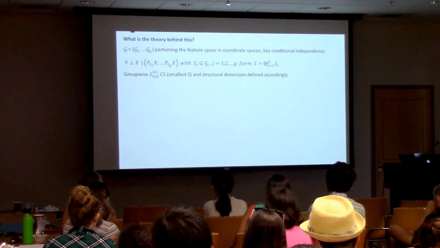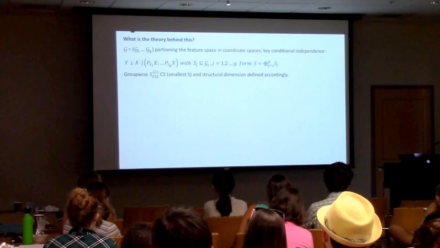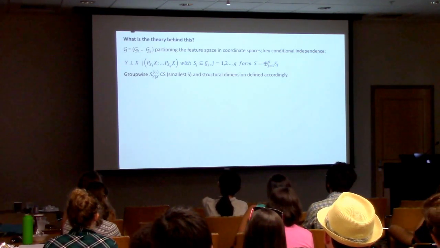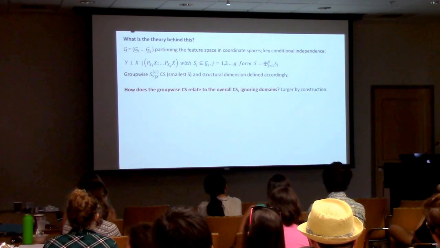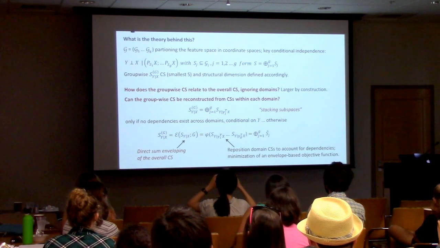So why do I show this? Here I was trying to give you the backbone of the theory behind putting groups in dimension reduction. Essentially you do a dimension reduction within each of the domains, but then you have a problem when you try to stack these spaces with each other. Why? Because there can be interdependencies across the domains.